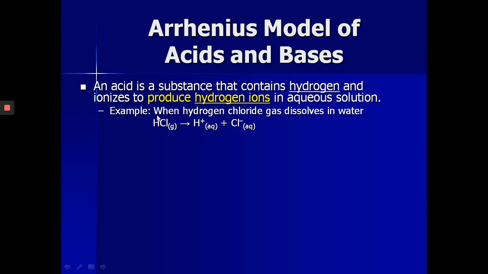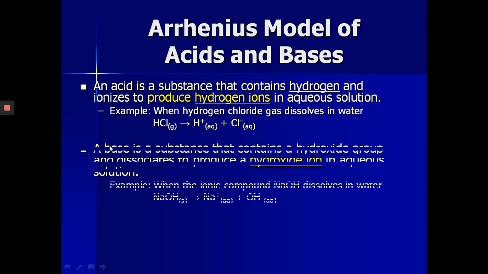For example, hydrogen chloride gas, also known as hydrochloric acid, when it's aqueous, in solution, dissolves in water, this is going to produce the hydrogen cation and also the chloride anion. Because HCl produces the hydrogen cation, this is considered an acid, which we also know as hydrochloric acid.